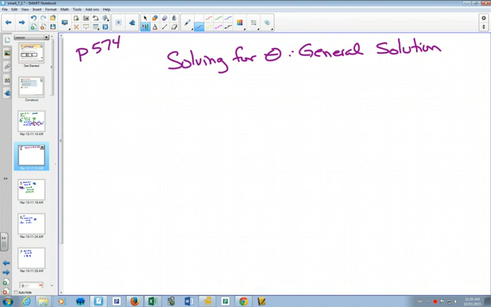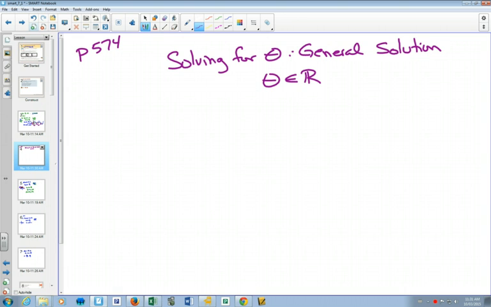Sometimes they'll give us the domain, as theta belongs to all real numbers. And sometimes I've seen on the final exam, they just say solve. And if they don't say a domain, they assume that you mean find every single answer possible.